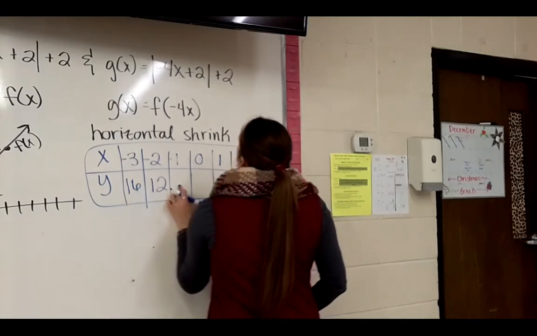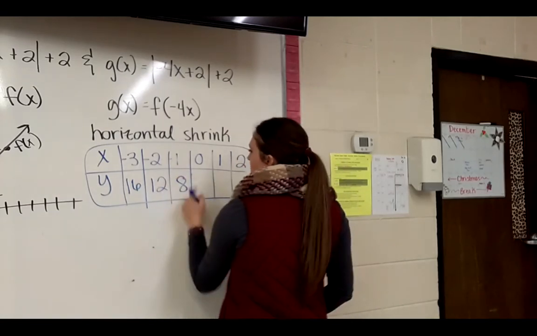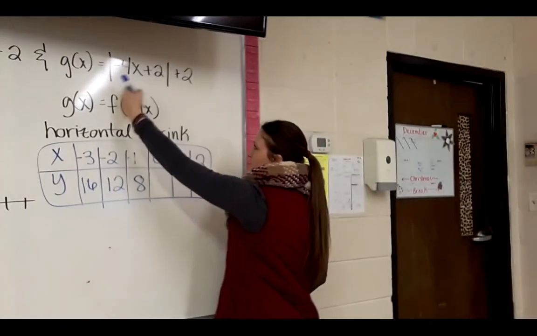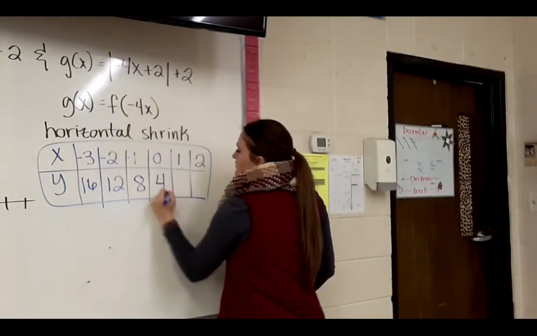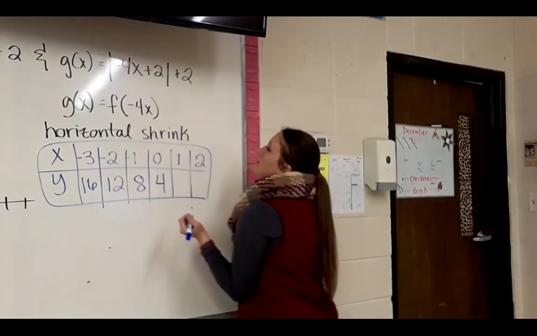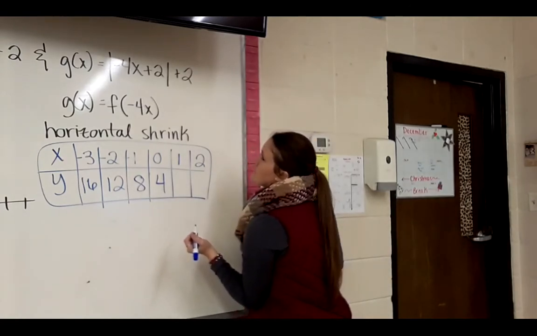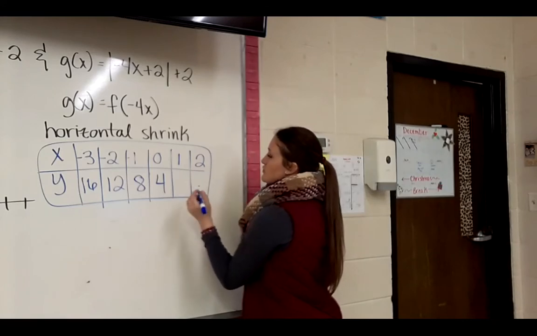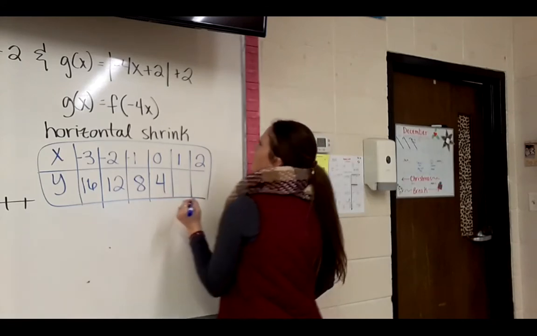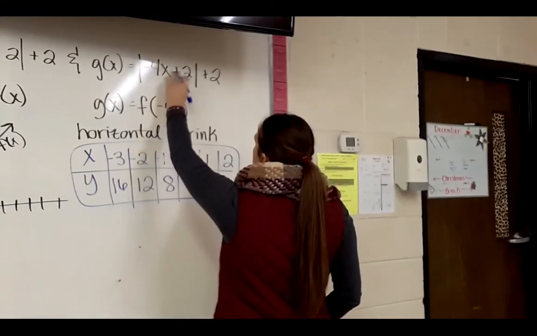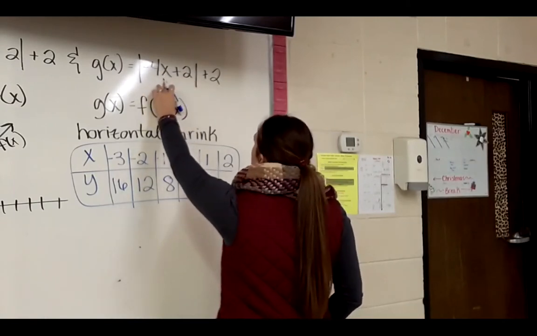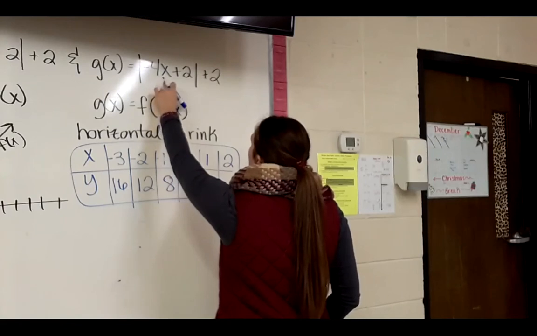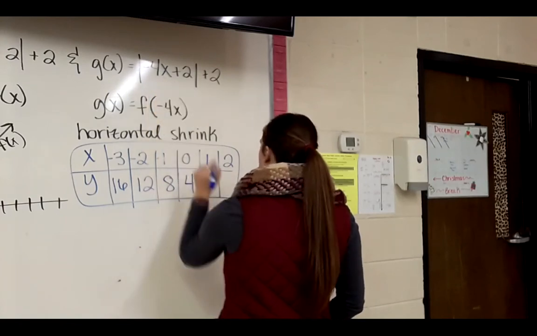Then 4, plus 2 is 6, 7, 8. I'm just plugging these into this function. 4 times 0 is 0, plus 2 is 2, plus 2 is 4. Did I do that right? Hold on. If I plug in 1, -4 plus 2 is -2, absolute value is 2, plus 2 is 4.